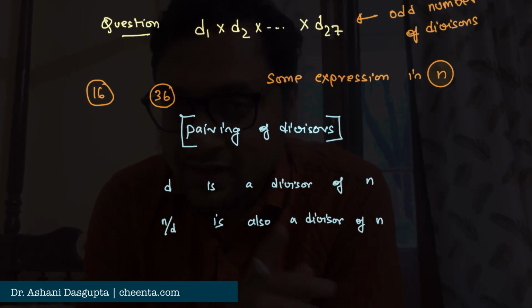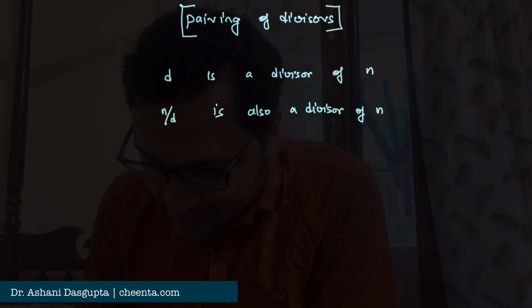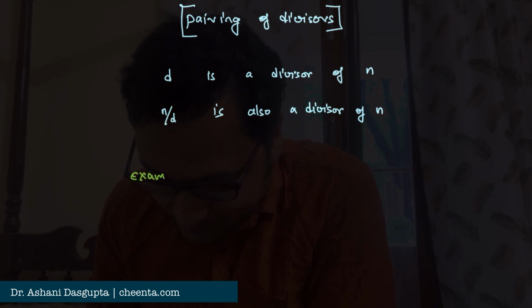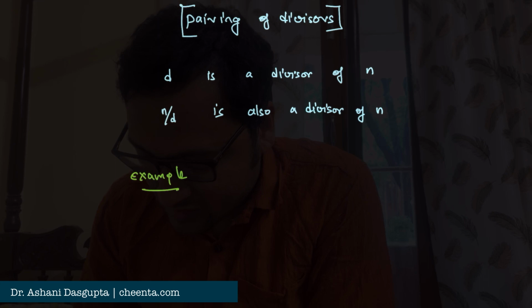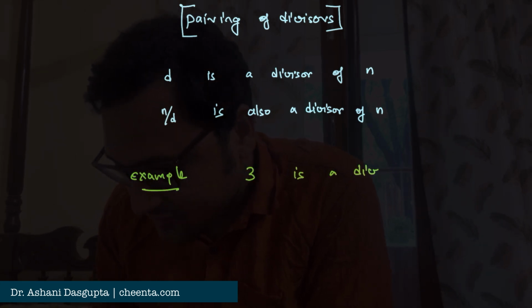If you think about it, it's not very hard. Let's take an example to understand this. The number 3 is a divisor of 36.